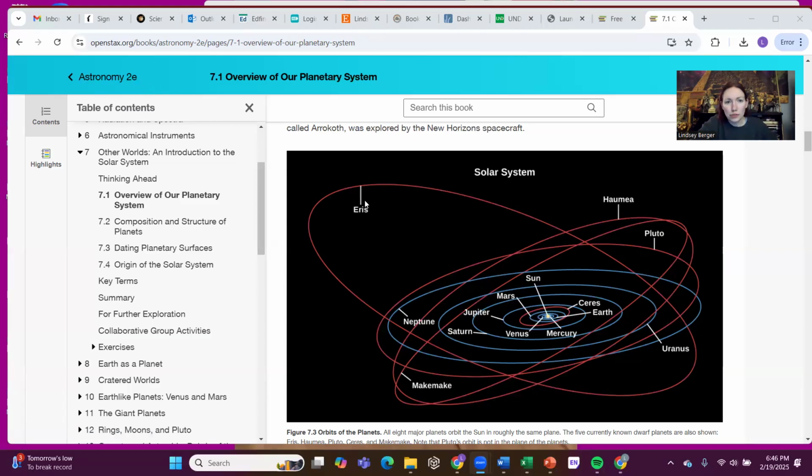I like this cool picture at the beginning of chapter 7, which is where we're going to focus. It shows all these different orbits of the main things in the solar system, with the sun in the middle. Notice how they're all on the same flat-ish disk, almost on the same level. Then there are a few random ones like Eris, one of the dwarf planets, and Haumea and Makemake.